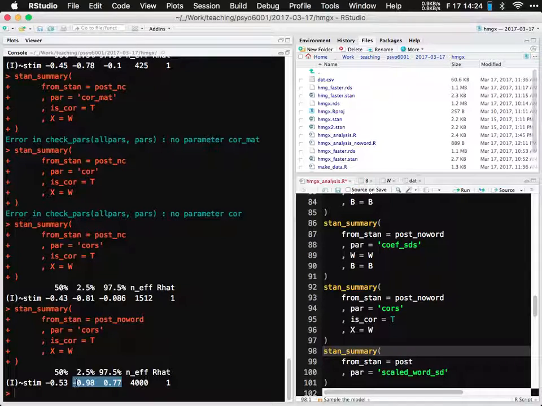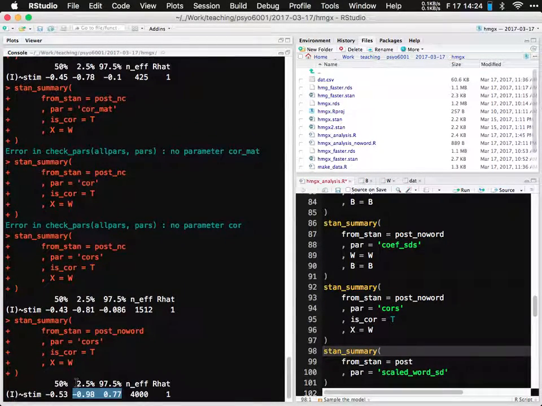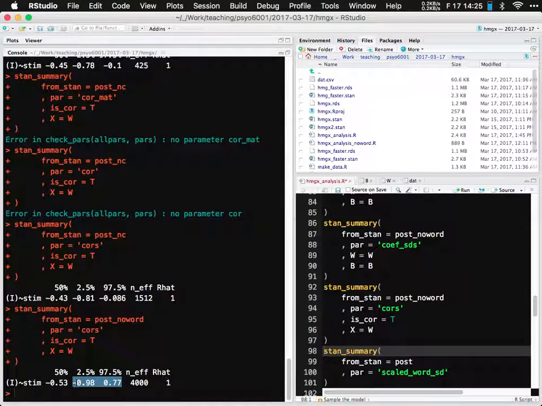It sees a wider range of variabilities associated with the effective stimulus, and it's not seeing this correlation at all. It's saying it can be anything. Basically, yeah, exactly. It's very uncertain about the correlation, whereas we can be certain at least of the sign of the correlation with the one that actually includes the word. So you've missed the whole phenomenon by failing to account for the variability associated with word.